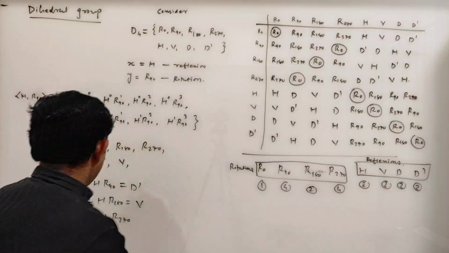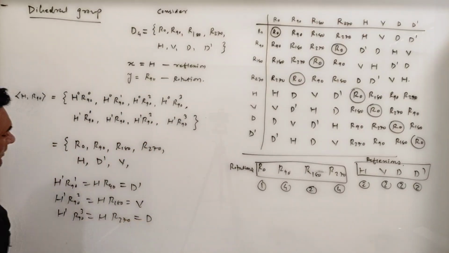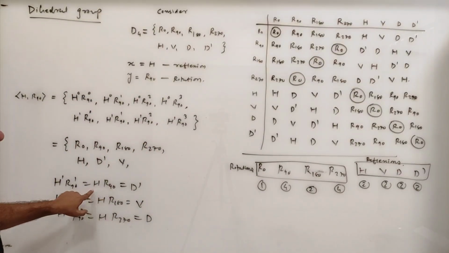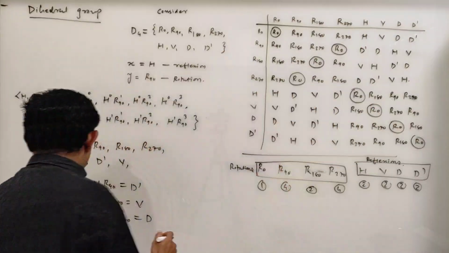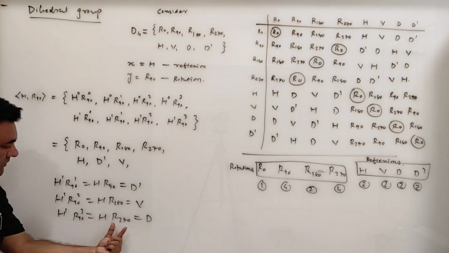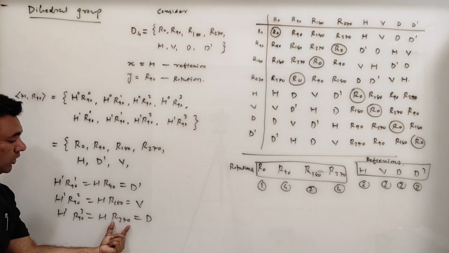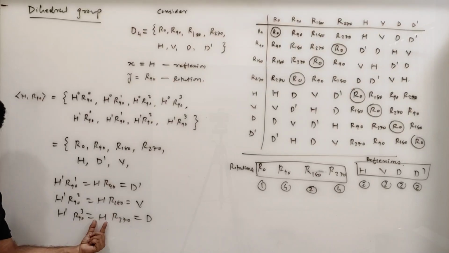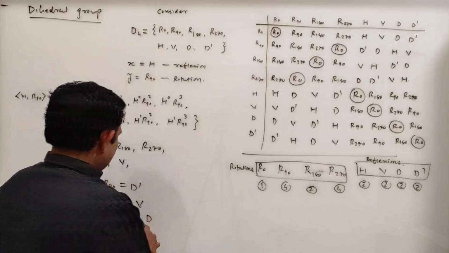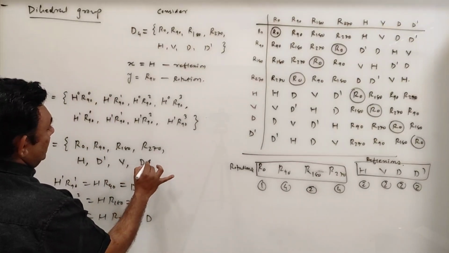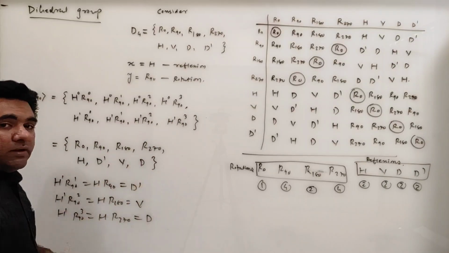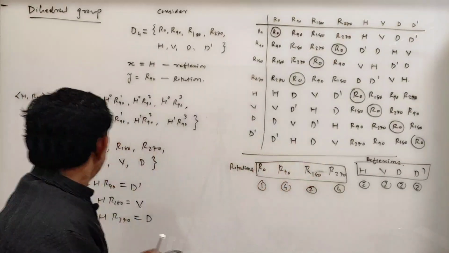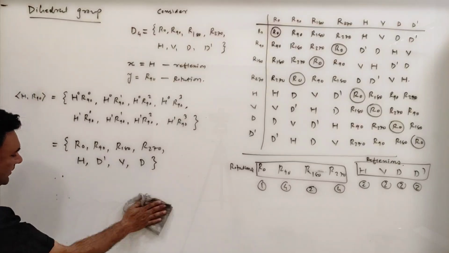It is D. See here what we consider, r90 h. First we consider the first element from the column and the second element from the row. So this is D. So all these 8 elements are computed, like this. So what do I get?